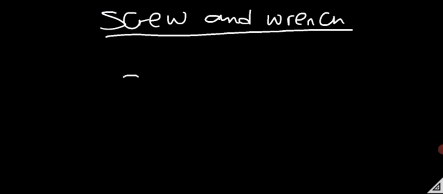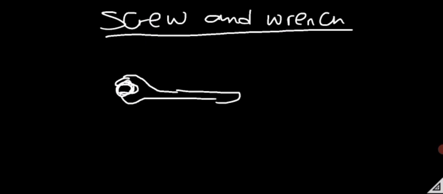First of all, let us sketch how a wrench looks like. If we sketch a wrench, and we have a screw or a bolt here that we need an effort, maybe your hand, to turn through.